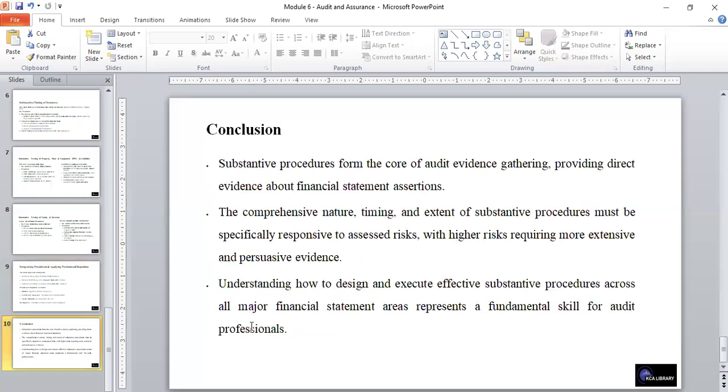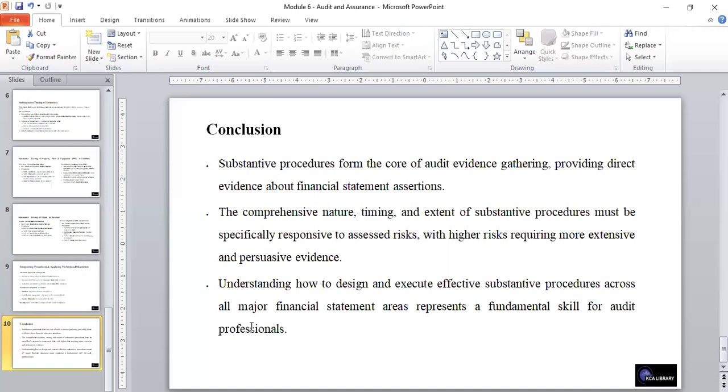In conclusion, substantive procedures form the core of audit evidence gathering, providing direct evidence about financial statement assertions, and the nature, timing, and extent of the substantive procedures must be specifically responsive to assessed risk, with higher risk requiring more persuasive evidence.